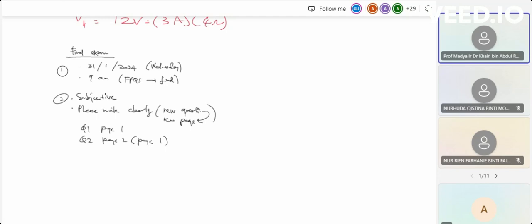As always, don't forget your symbol and unit, because no symbol or unit equals no marks.